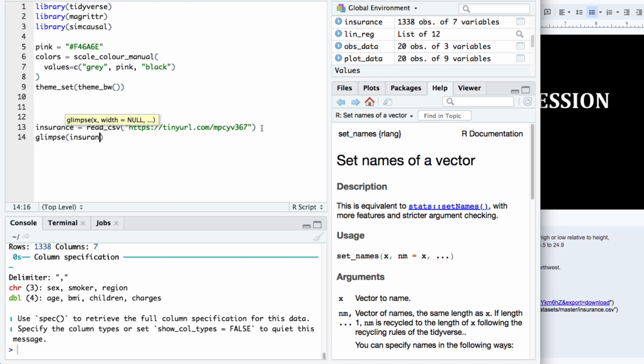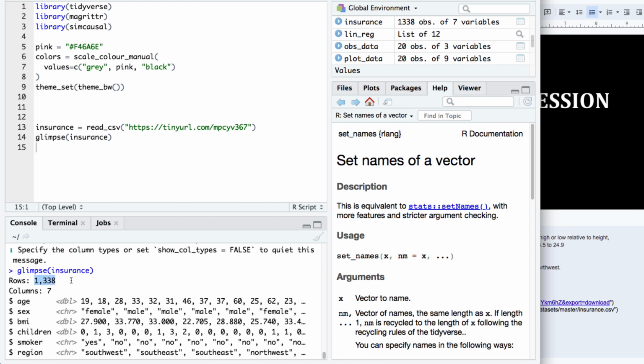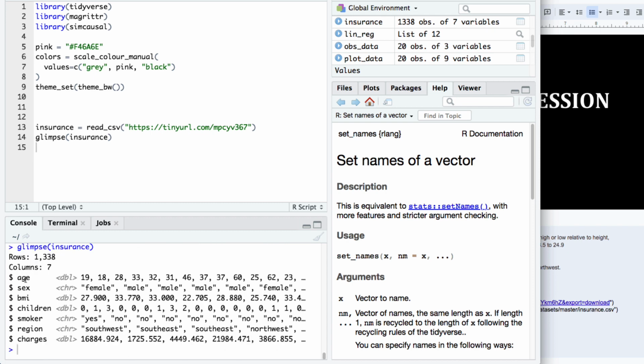So this is a little function that just prints out some summaries about the data frame so we can see it. This is a data frame with a little over 1,000 rows and 7 columns: age, sex, BMI, children, smoker, region, and charges. Each row represents a person, and we have recorded their age and their sex. BMI is body mass index.